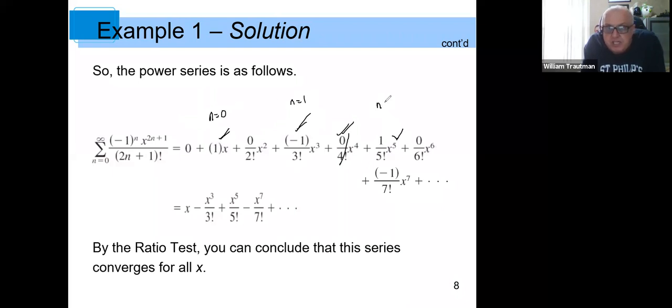So now we're going to put n equals 2 here. If you put a 2 down there, you end up with 5 factorial. If you put a 2 up here, you end up with x to the 5th power. You put a 2 in here, -1 squared is a +1. So then the x to the 7th term would be n equals 3, if you look at that.